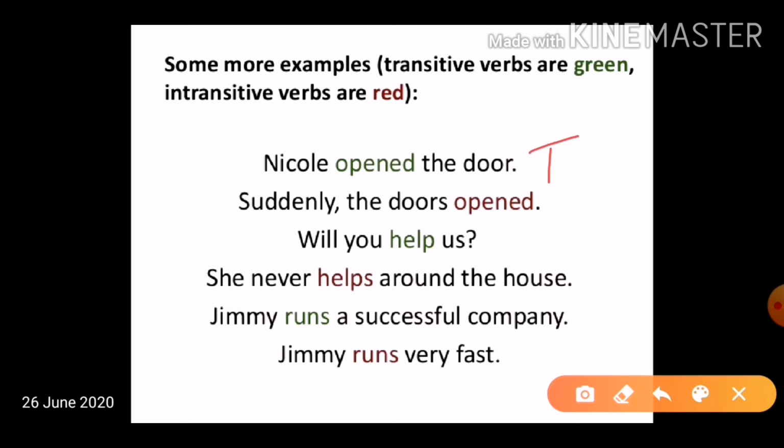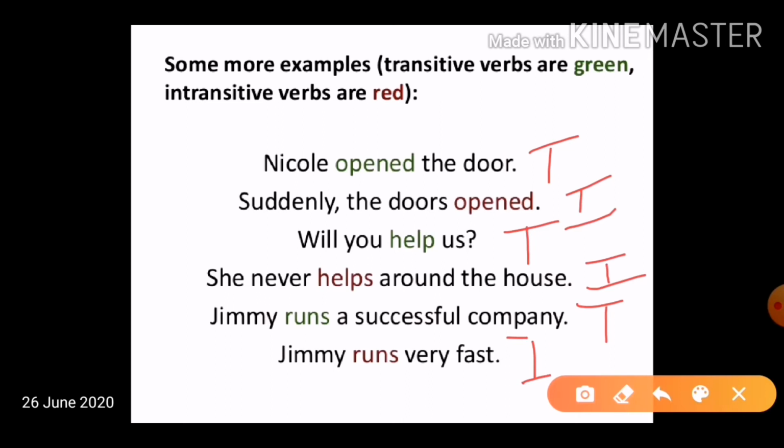Suddenly the door opened. It's intransitive. Will you help us? Transitive. She never helps around the house. Intransitive. Jimmy runs a successful company. So what is it? It's transitive. Jimmy runs very fast. So it's intransitive.